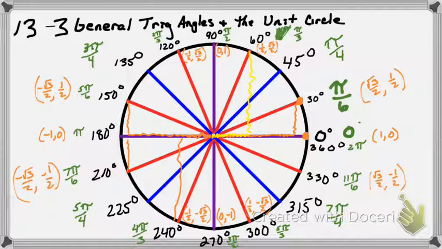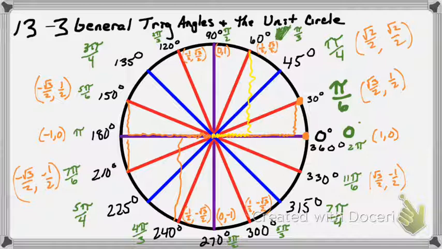I'm going to give you some information. We have the 45 coordinates to do. That should be the only thing left on your unit circle, the coordinates for the 45s. Every 45, the number is the same. Root 2 over 2, root 2 over 2.